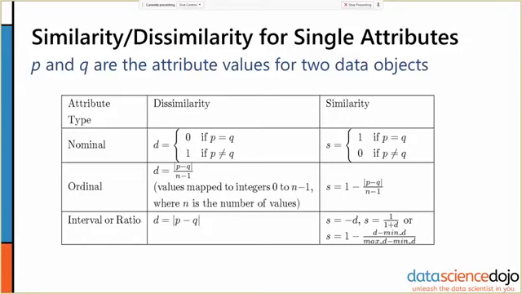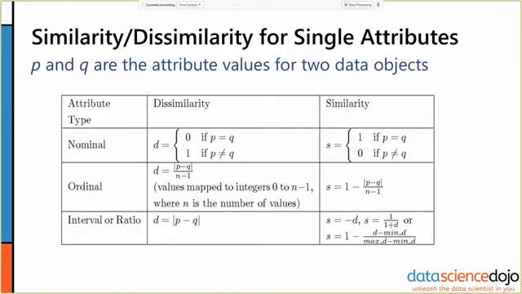So that's really the reason why I'm talking about similarity and dissimilarity separately, rather than just talking about one of them: there are some data types, like nominal data types, where similarity is a very natural measurement. It's 1 if the two are the same, and 0 if the values are not the same.